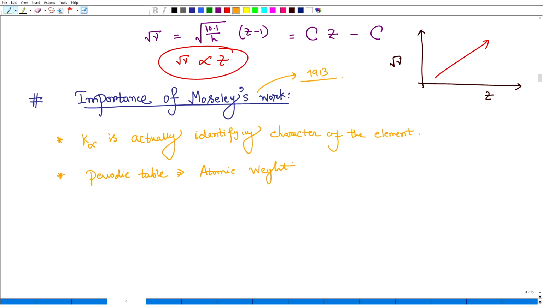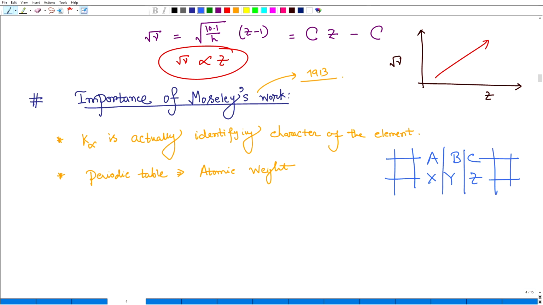But if you order the elements in terms of atomic weight, there is some ambiguity, because, let us say, I do not remember the exact element, but for example, let x, y, z, 3 elements be there, and a, b, c, if you arrange by atomic weight, then you order like this, other orders are also there, but let us focus on this.